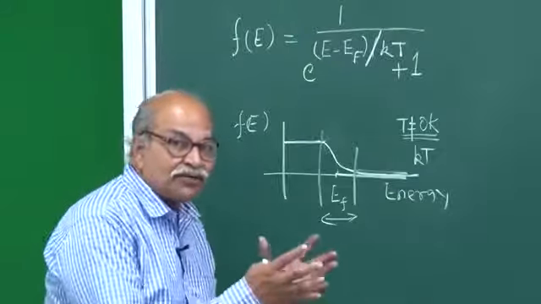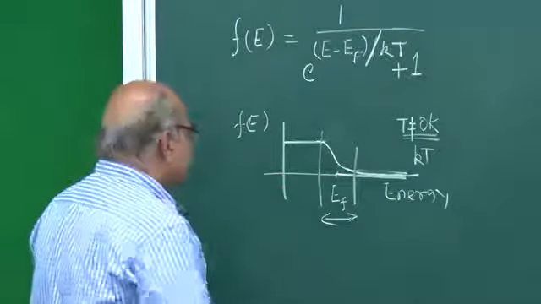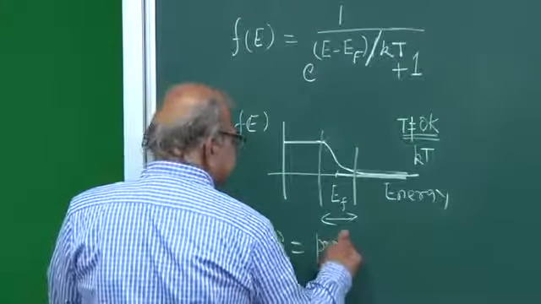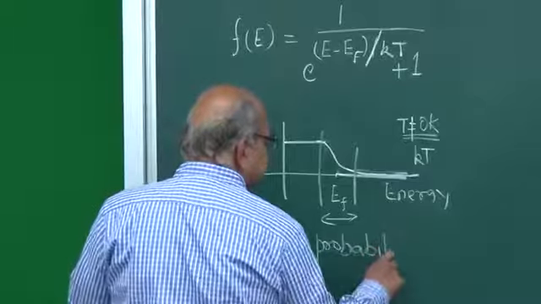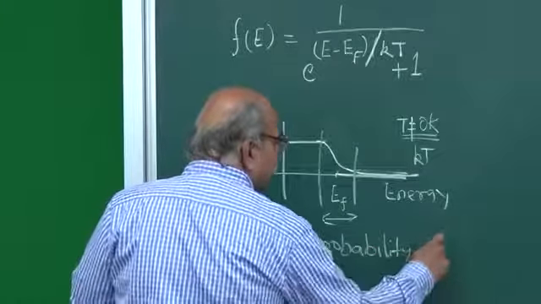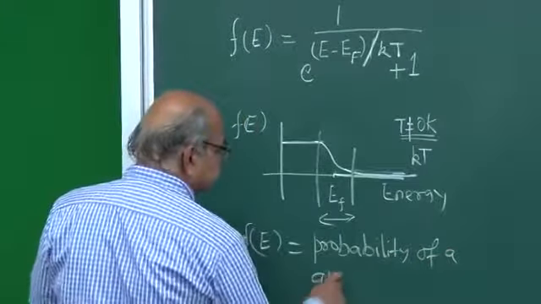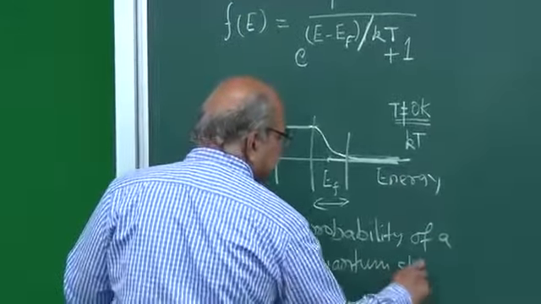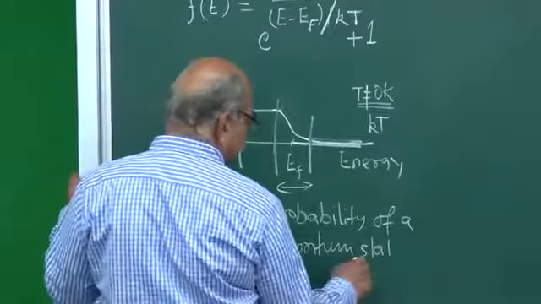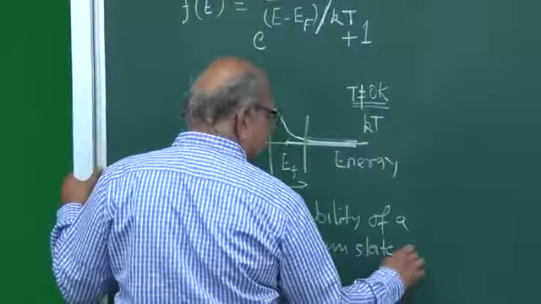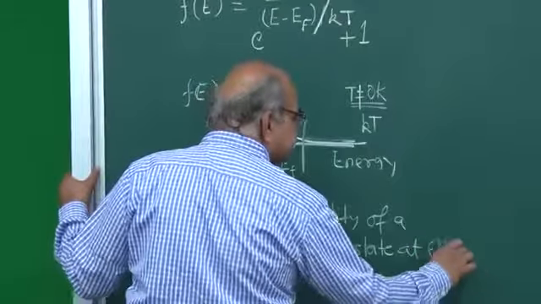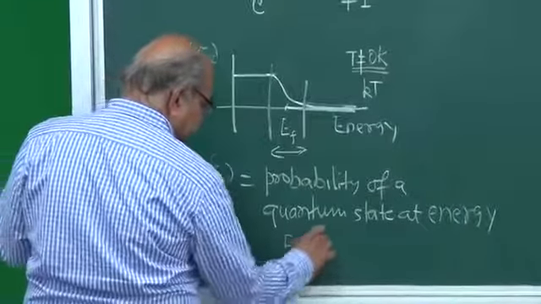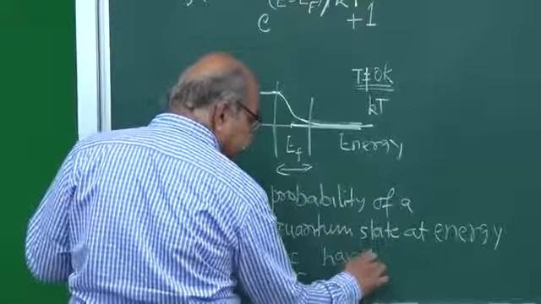Now, in our context, what is this function? This function Fe is the probability of a quantum state at energy E having an electron.